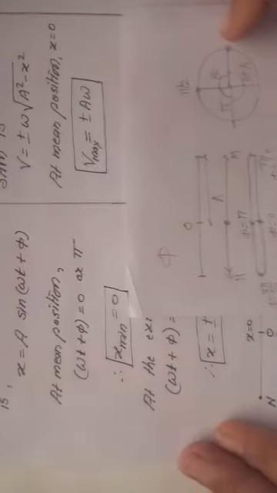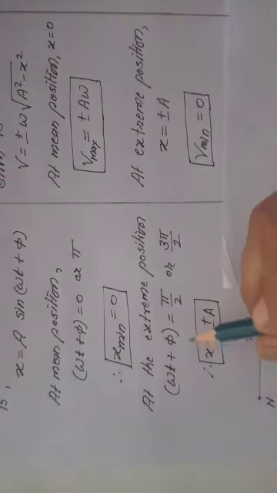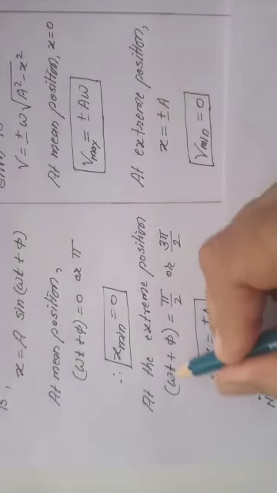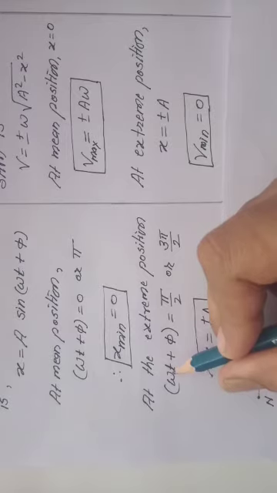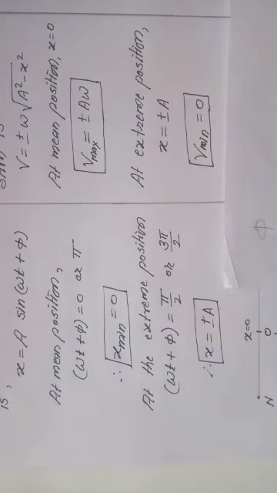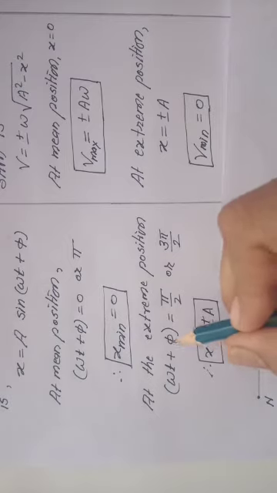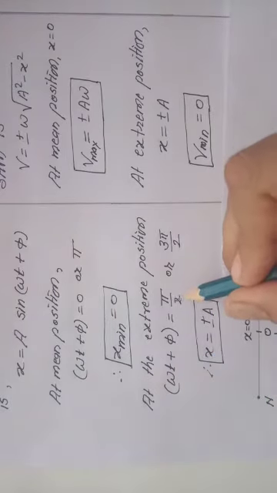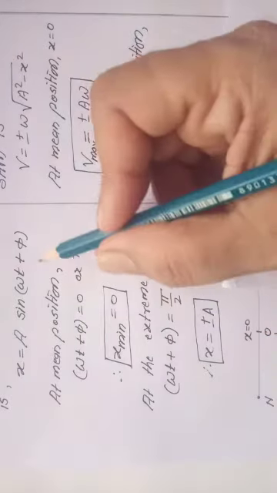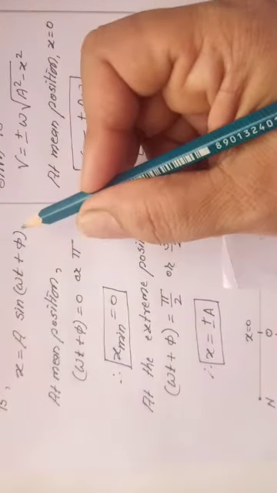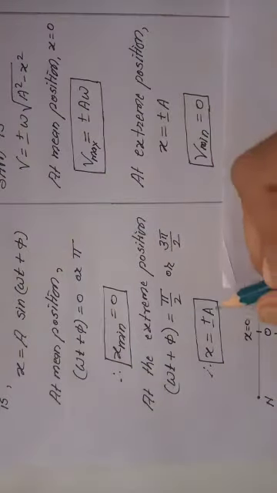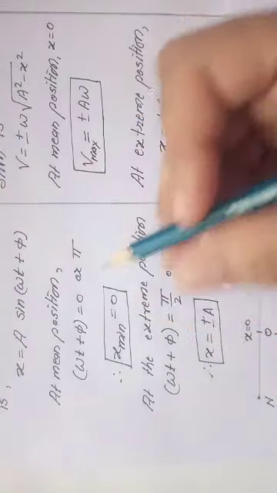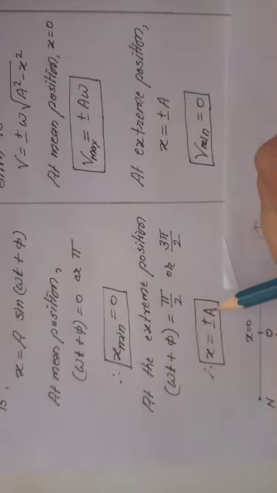Now at the extreme position, omega t plus phi is equal to pi by 2 or 3 pi by 2. In the displacement equation, phi is the initial phase angle, but omega t plus phi is the total phase angle. So we put the value of omega t plus phi as pi by 2 or 3 pi by 2, and that becomes plus 1 or minus 1, and therefore we get x is equal to plus a or minus a at the extreme position.